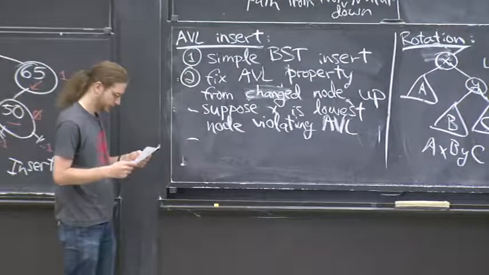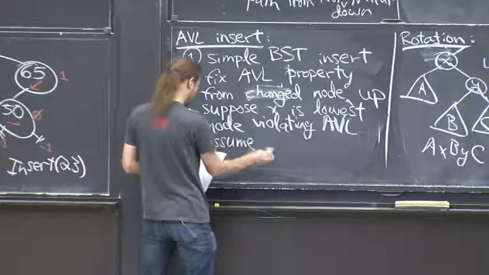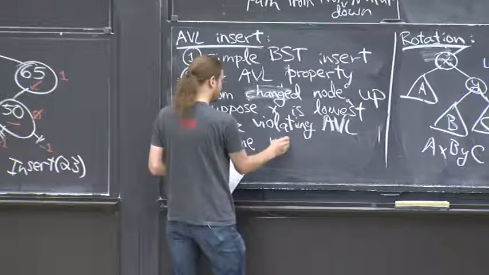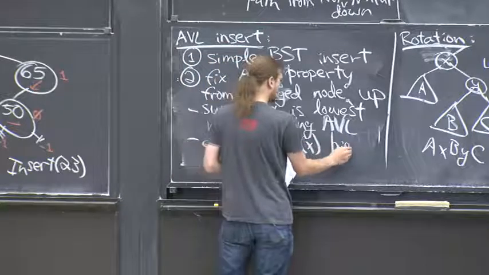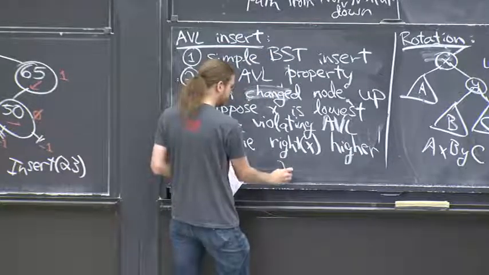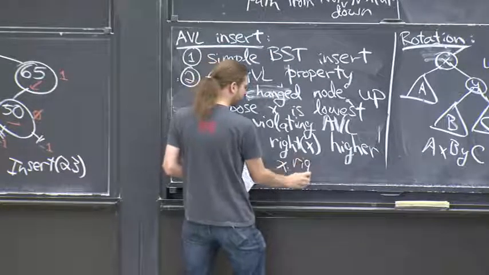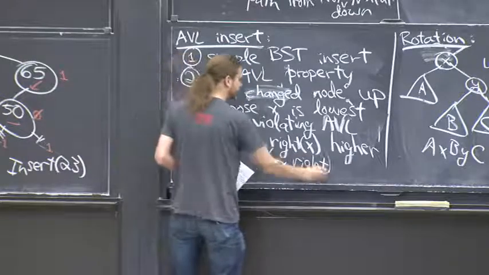I think I want a symmetry assumption here. I don't know why I wrote right of x. I guess modern days we write x dot right. But same thing.